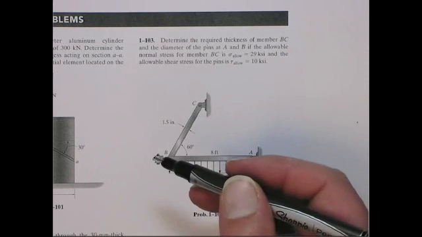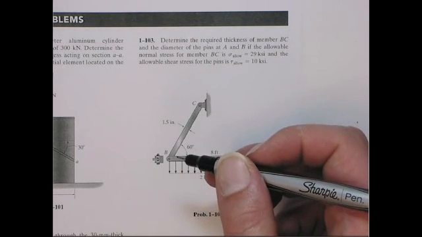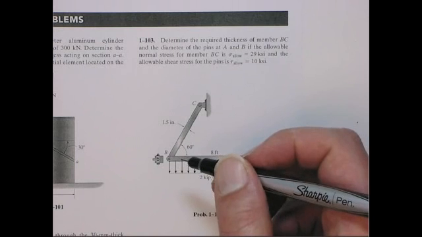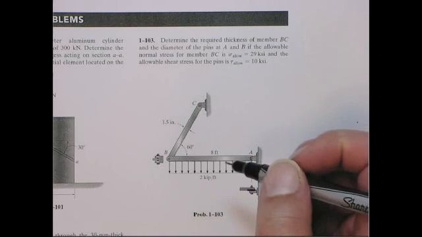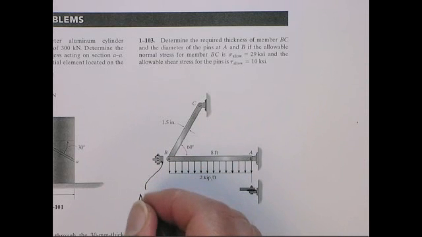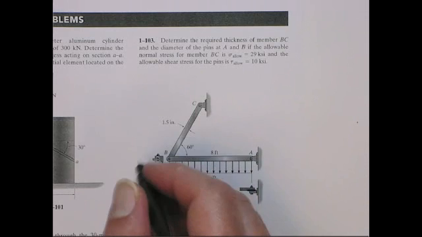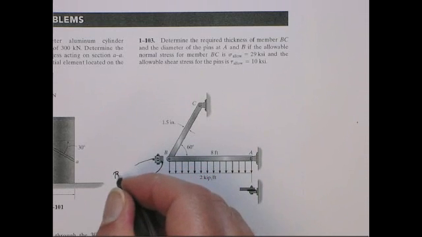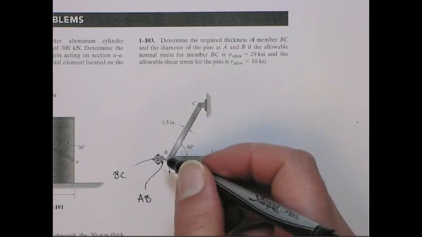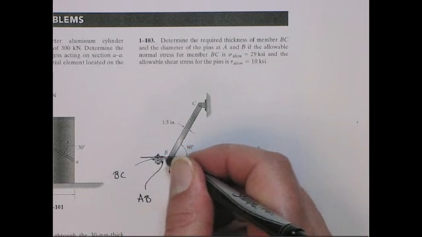At B, the way B is, it kind of comes around this element here, AB, comes around and grabs. See, this is A, that's element AB, and this is supposed to be element BC. And here you can see this pin is in double shear.